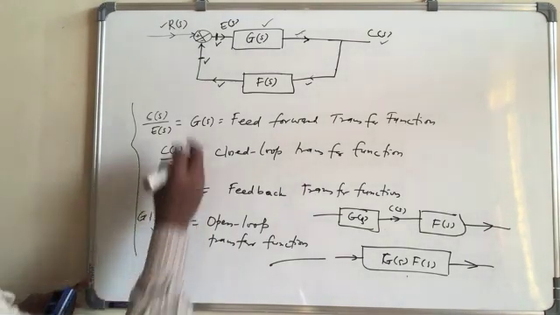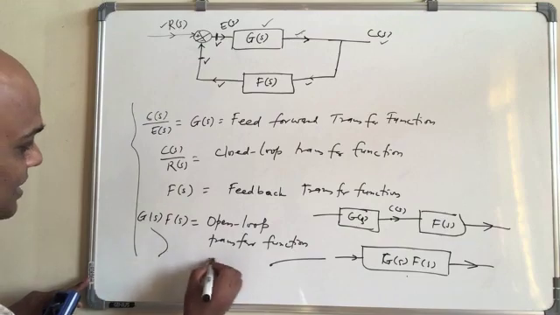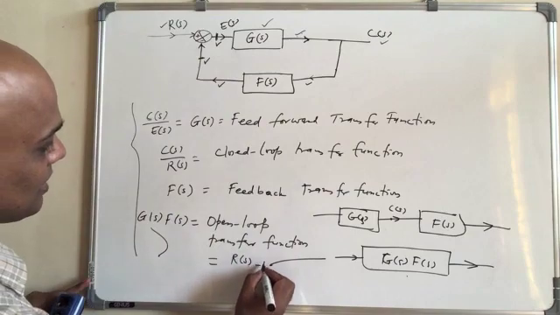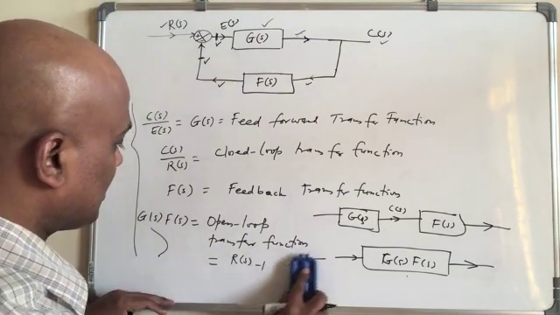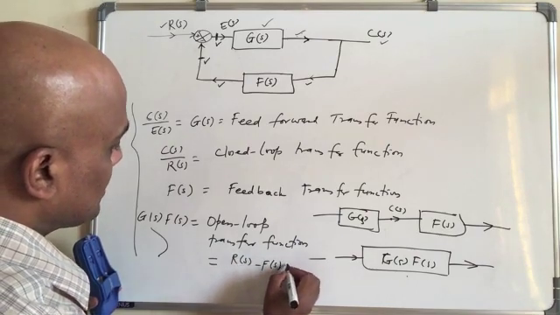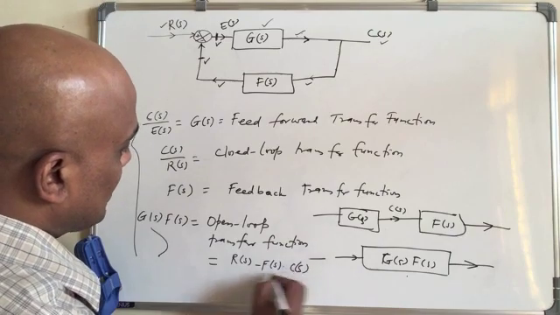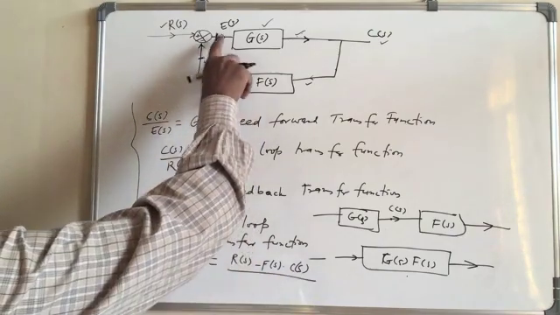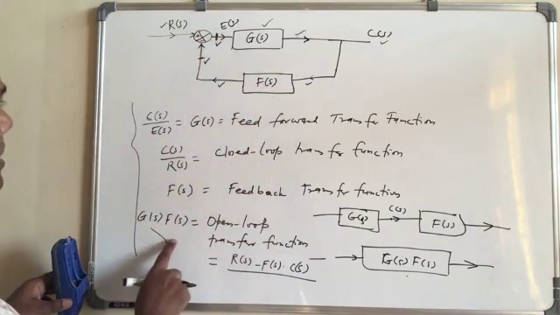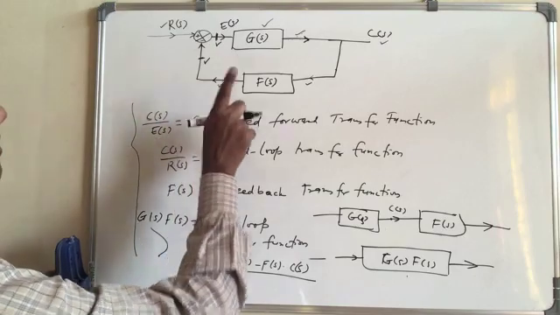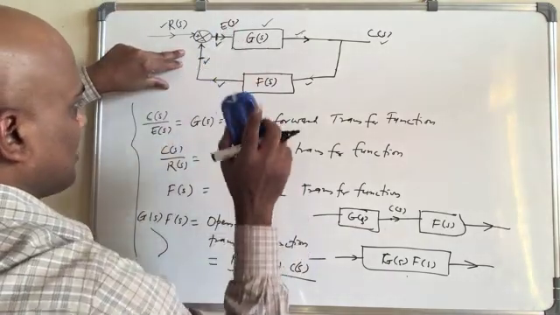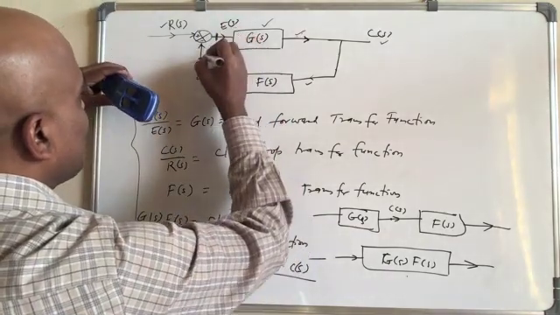This we can also write as, so the open loop transfer function is nothing but RS minus FS times CS divided by, okay, so here we are starting from here, we are going here.